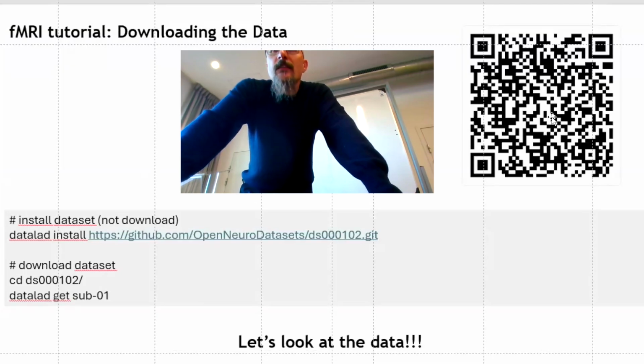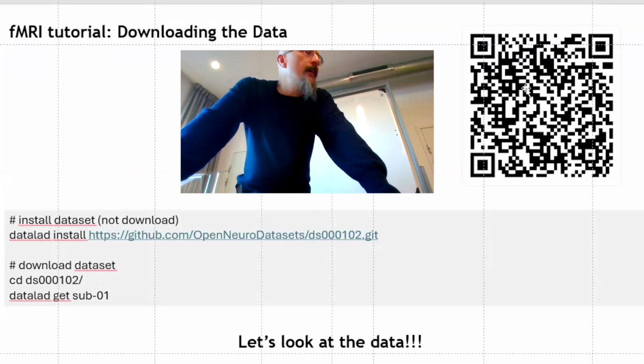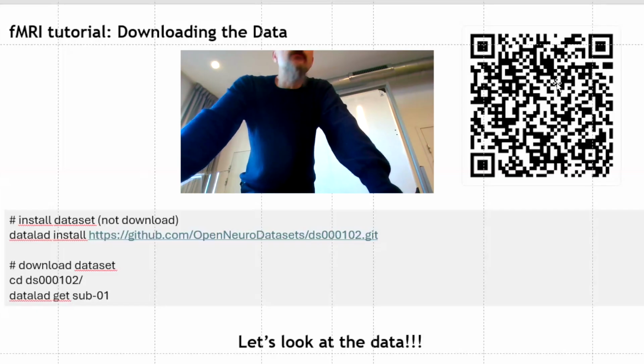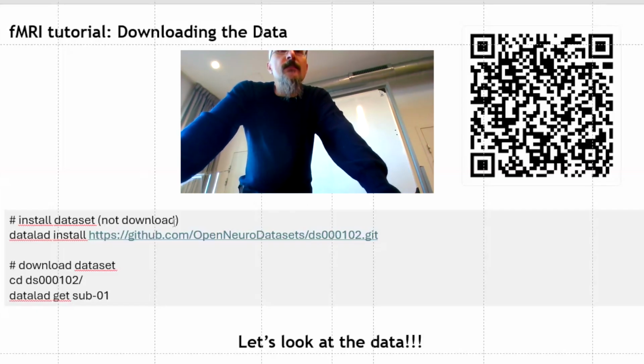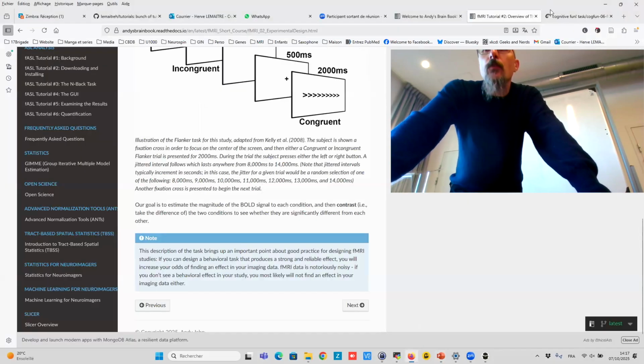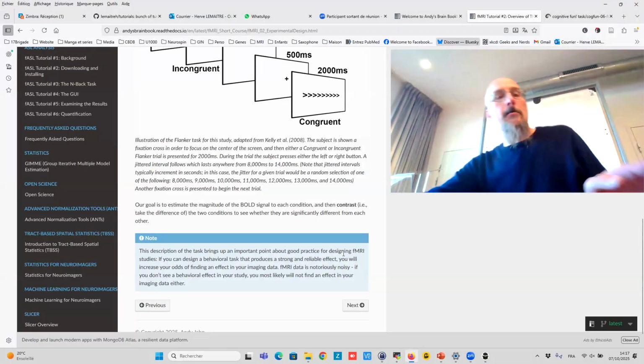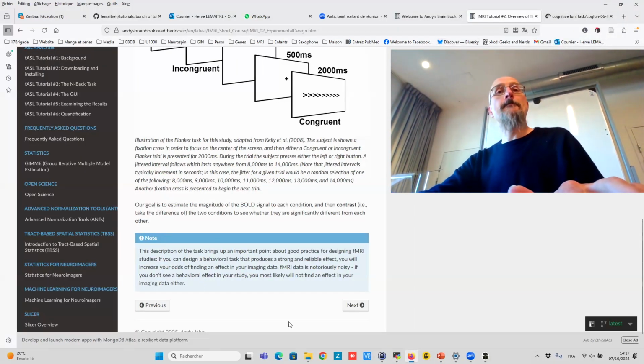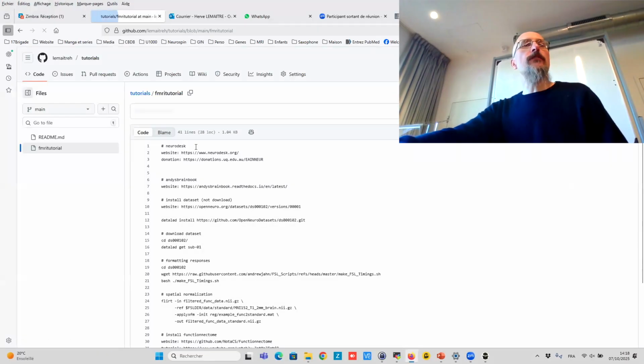Now, this QR code is the link Michel sent you, so you don't need the QR code. This is all the instruction you need in the GitHub page. This is my GitHub account, and I put a bunch of command lines we will use for this tutorial.